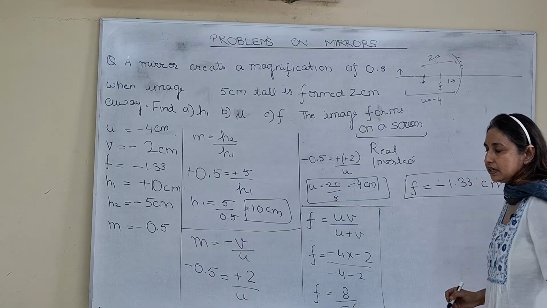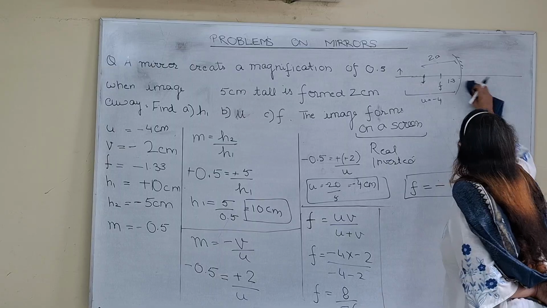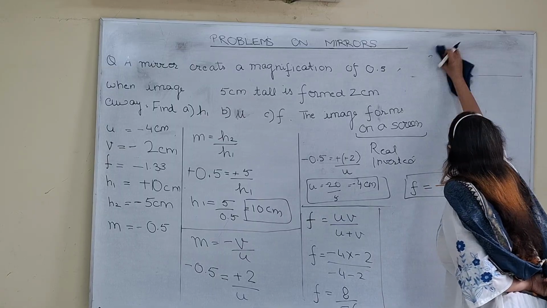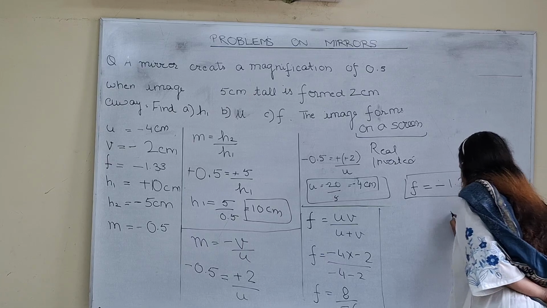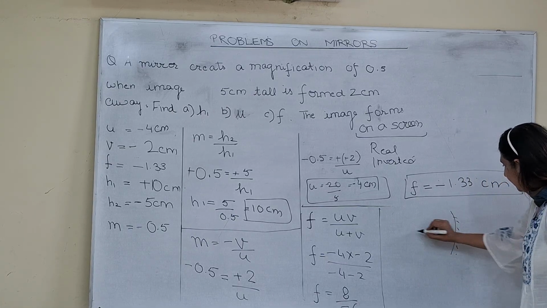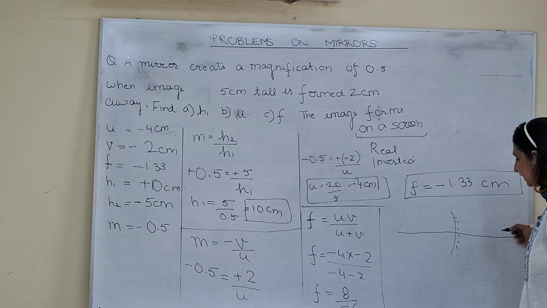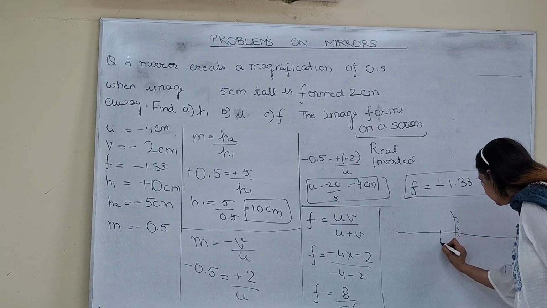Calculations are fine. Now I'll explain this again. Let's draw which case it is. So I have a focal length. Focal length means I have a mirror and principal axis. I'll mark the focus. This is focus.